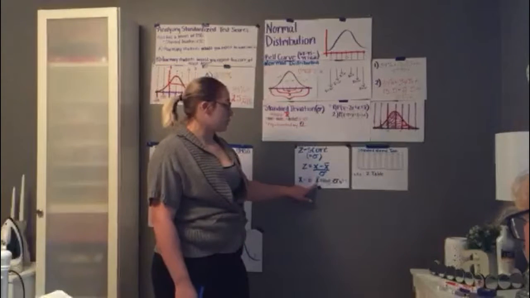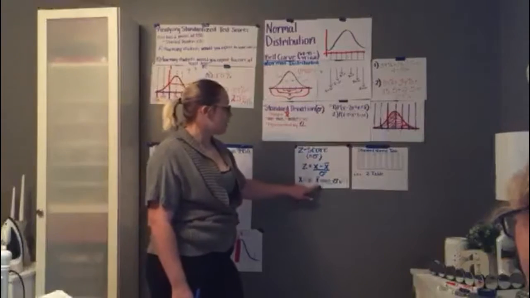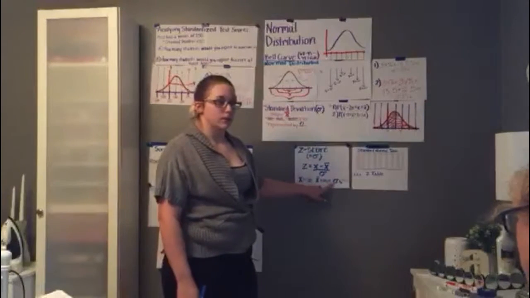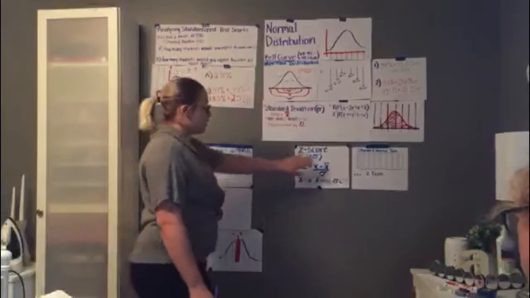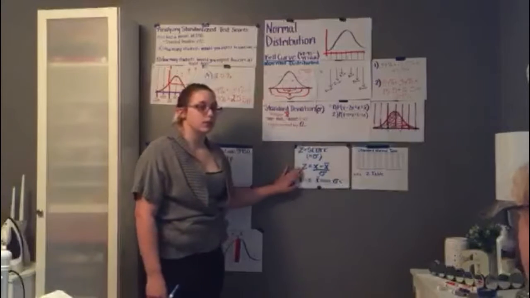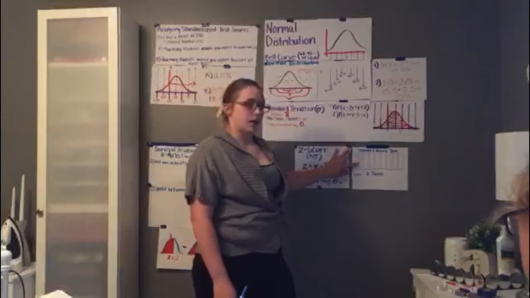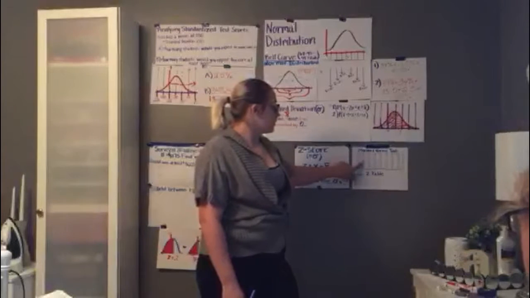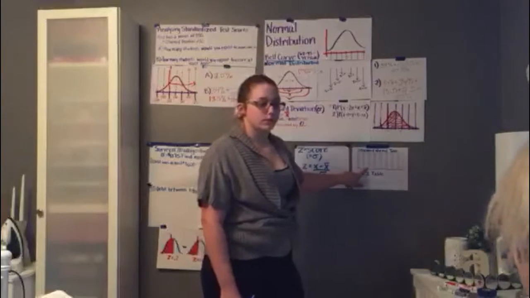Do you remember what x bar stands for? The average. The average. And then the sigma is the standard deviation. Alright, and then this is our standard normal table, and when we solve for our z-score, what we do is go over to this and look up our z-score on the side here, and go over to which standard deviation we're doing, and it'll tell us our answer.